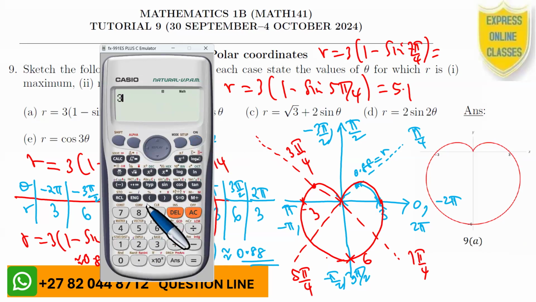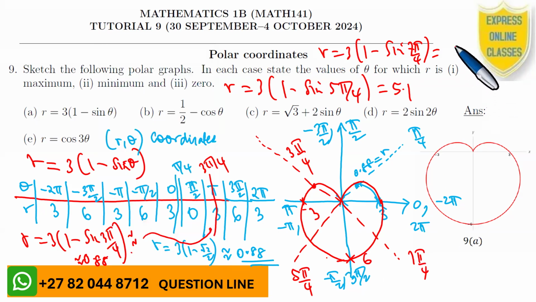So it's going to be 3, open bracket, 1 minus the sine of 7 pi over 4, which is 7 times 45 degrees, which is 5.1 still. So it is symmetry. The distance is the same as the distance there. So it is 5.1 units.